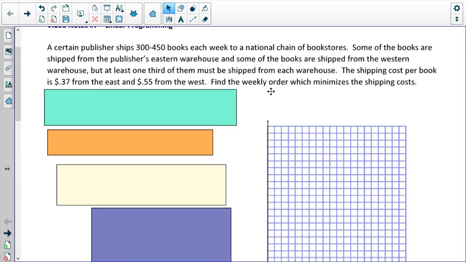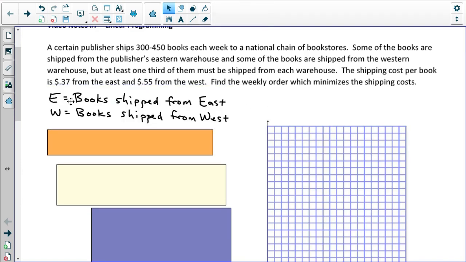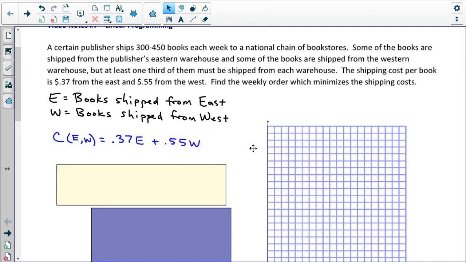First thing we want to do is determine what our variables are. So we want to minimize costs, and costs are given in terms of the number of books from each coast. So we're going to determine the number of books shipped from the east and the number of books shipped from the west, and that will help us find our objective function.